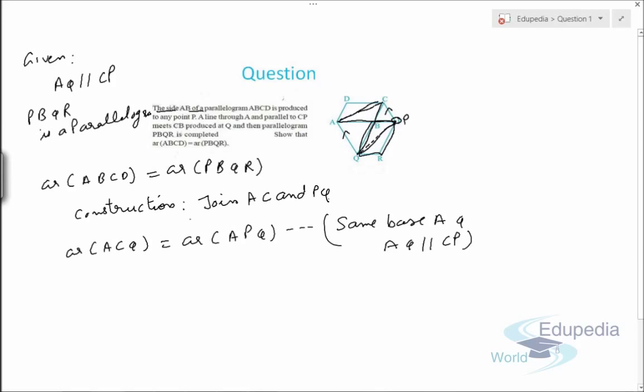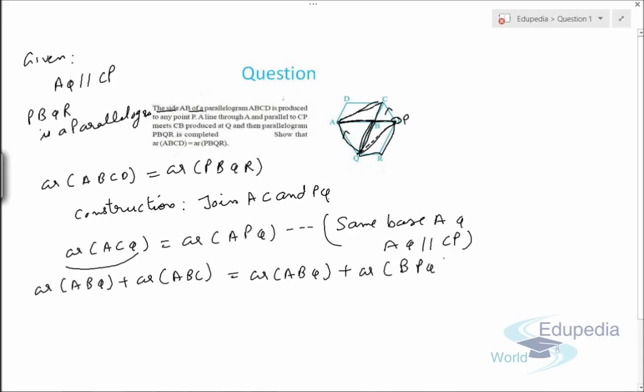Now area of ACQ, if we split it, we can write as area of ABQ plus area of ABC, and area of APQ we can write as again area of ABQ plus area of BPQ, right?